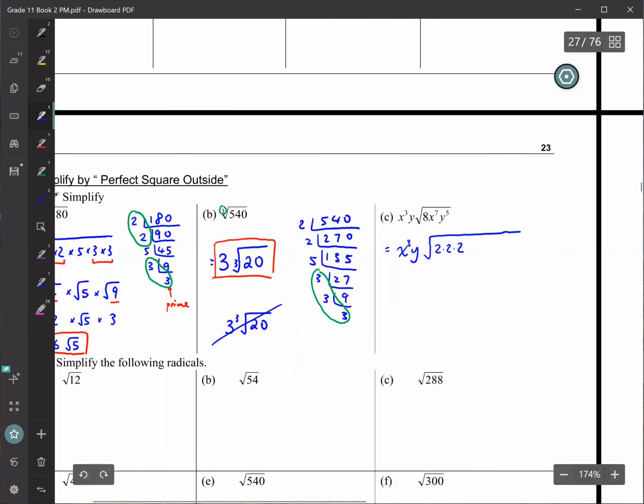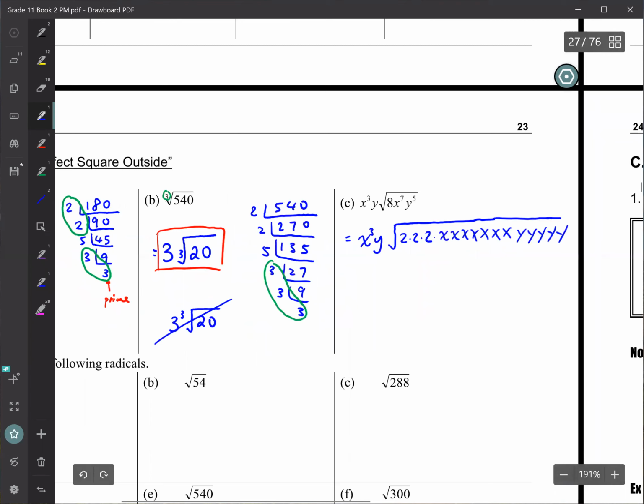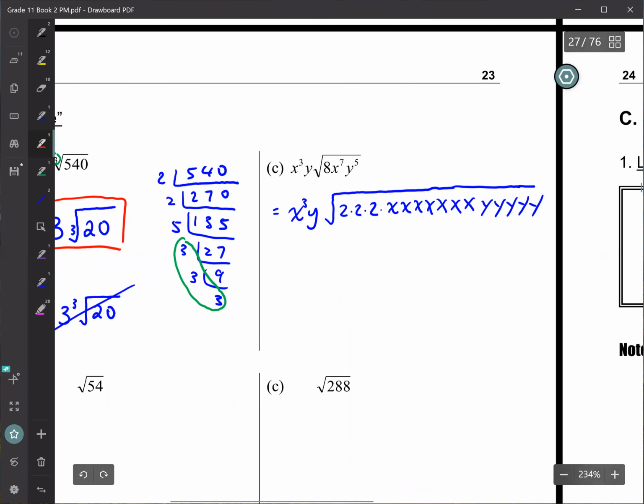For x to the 7, that means you have x, x, x, x, 4, 5, 6, 7, right? For y, you have 5. So 1, 2, 3, 4, 5. So you just find pairs. There's one pair of 2 that can go out.